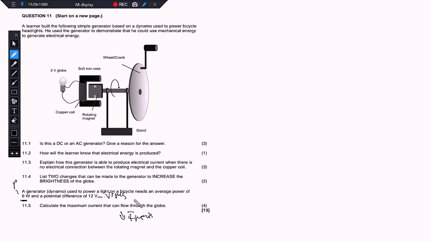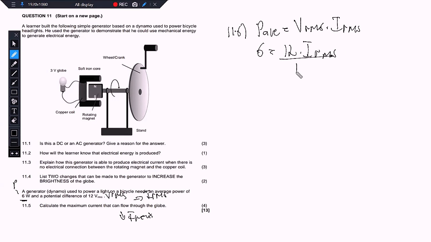So the first thing that we would need to calculate is I_RMS. Now we know from the formula, power average is equal to V_RMS times I_RMS. We can calculate the I_RMS here. The power average is 6 watts, and then the V_RMS is 12. And then now we are left with this I_RMS, then divide by 12 both sides. Our I_RMS will be equal to 0.5 amperes.